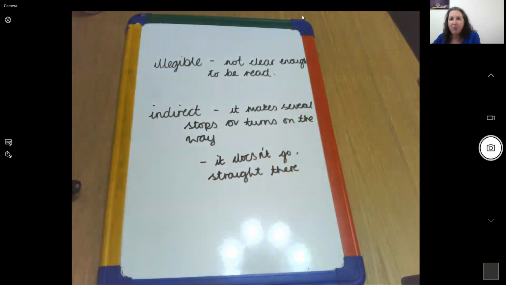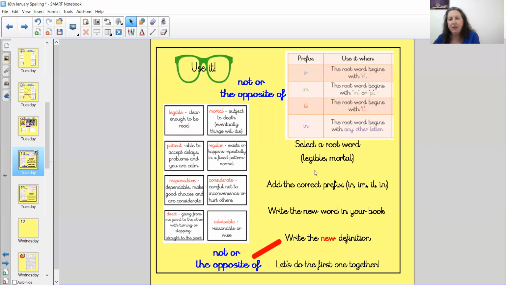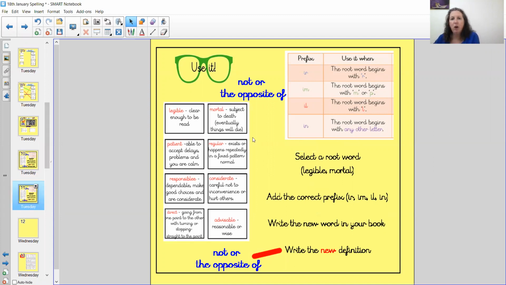Okay, so I'm going to go back to the original screen, which is hopefully this one here that you can see. And what I would like you to do is we'll just go over it again. You are going to select a root word, one of the words that are in red on this page. You are going to add the correct prefix, so you have got that sheet that's got the golden rules on it.